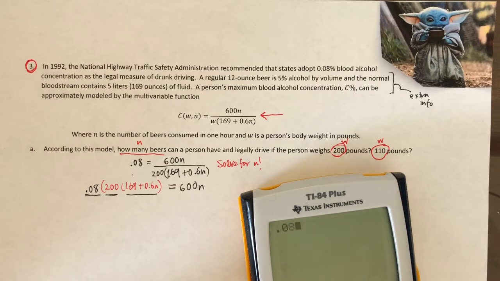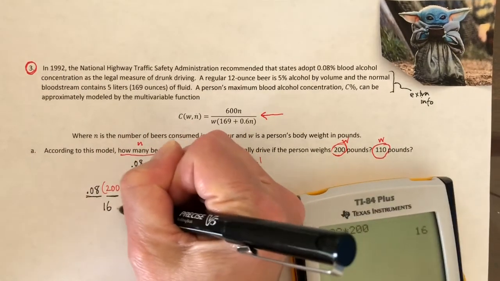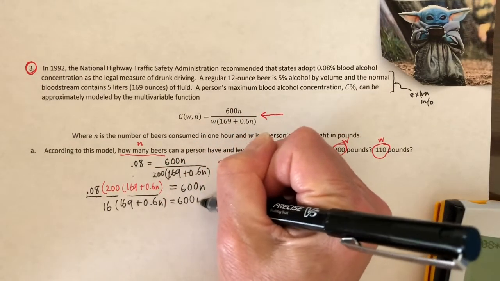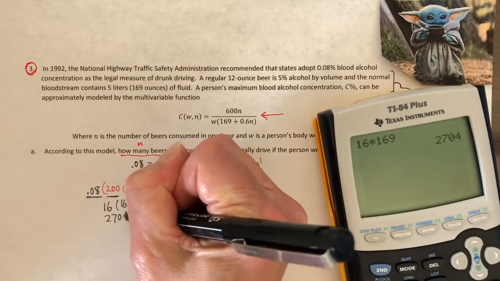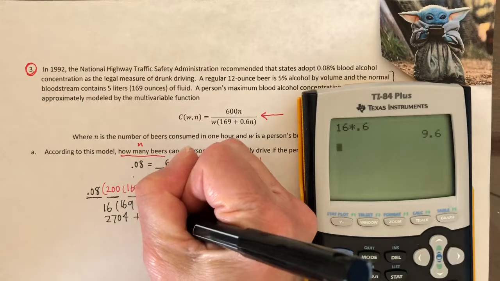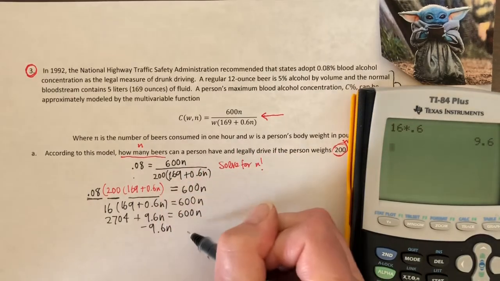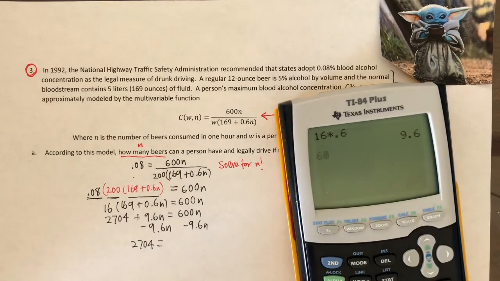So 0.08 times 200 is 16 times 169 plus 0.6 N equals 600 N. And then I will just distribute that 16. 16 times 169 is 2704. 16 times 0.6 is 9.6 N equals 600 N. Subtract 9.6 N from both sides, and I get 2704 equals 590.4 N.